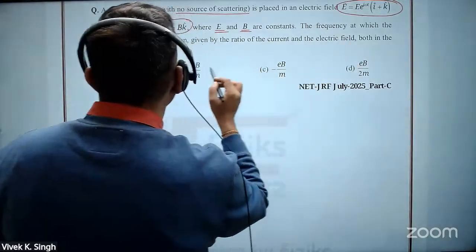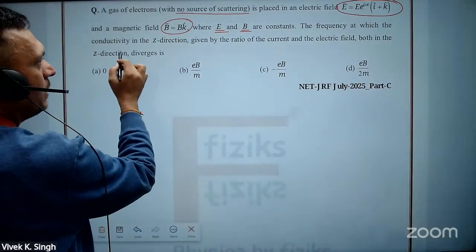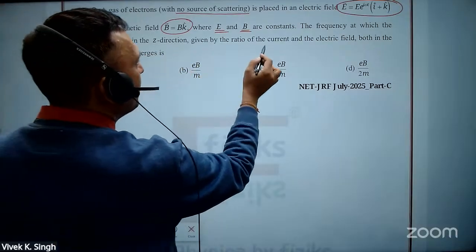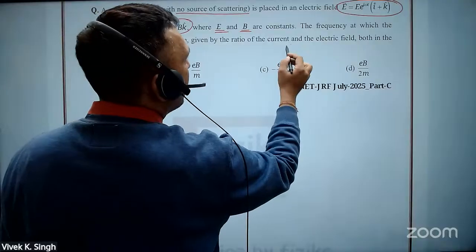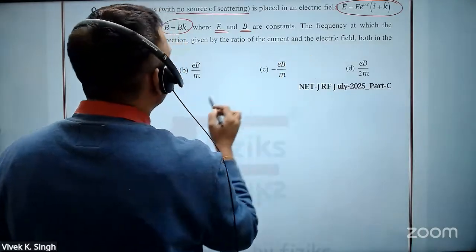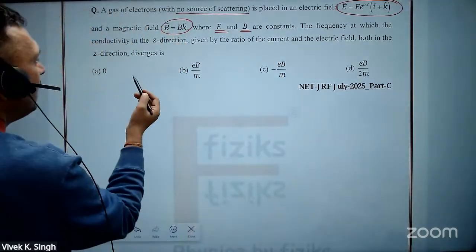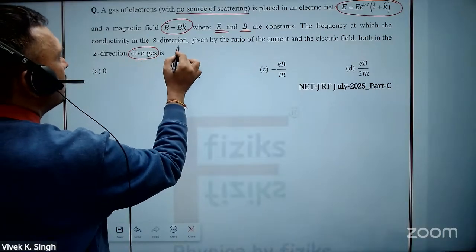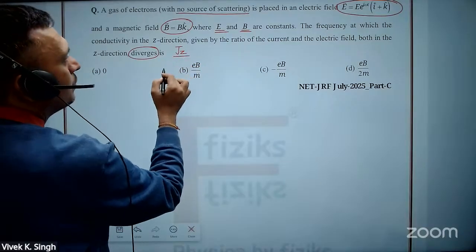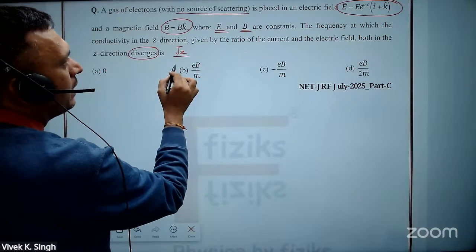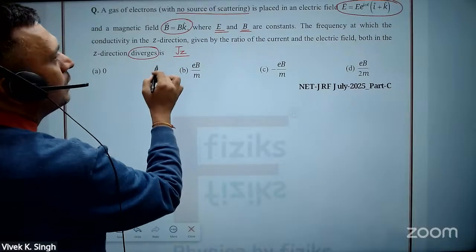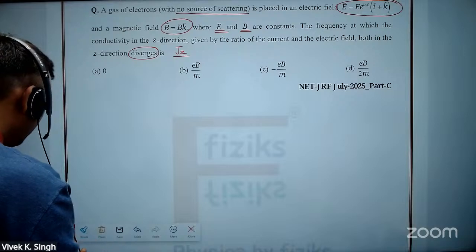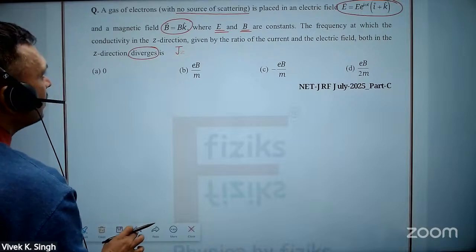The frequency at which the conductivity in the Z direction, given by the ratio of the current and electric field, both in the Z direction, will diverge. In what condition will they diverge? Means you have to see sigma.